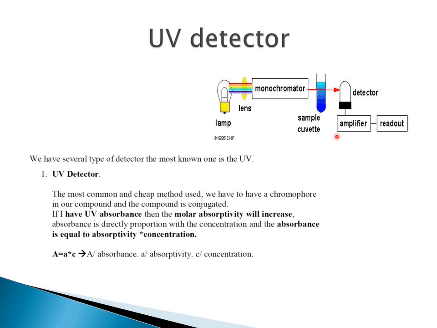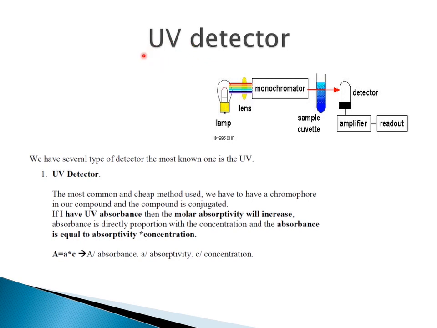Now we will discuss the detectors, and we will start with the most universal detector in HPLC nowadays, the UV detector. In some countries, the most common detector is mass spectrometry. We will discuss it later, but in our case, the major one used in HPLC instrumentation is UV.